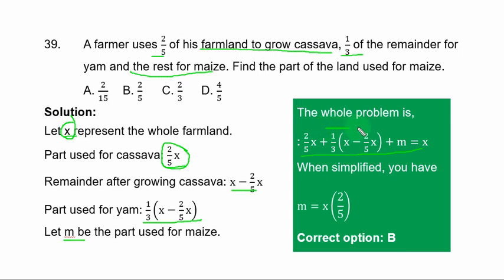If you open this bracket now, you are going to have 1/3 s minus 2/15 s equal to M. So if you take the rest of the terms to the right hand side and simplify through addition, you have M equal to 2/5 s. You can factor out S because we are interested in the fraction, and that fraction is 2/5. Going by the options, option B is correct.